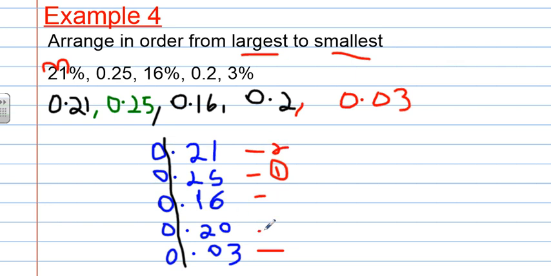And then the next one will be this. And then the next one will be this. And then the last one will be 0.03, so that'll be the smallest. So the largest decimal here is 0.25, followed by 0.21, followed by 0.20, and so on.